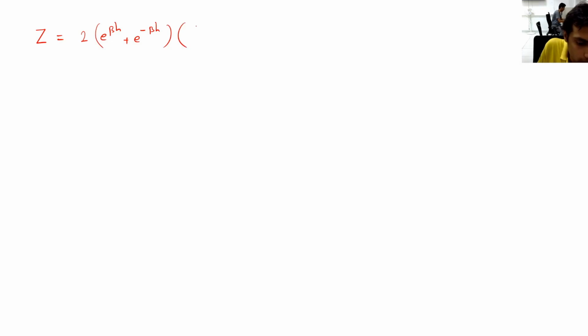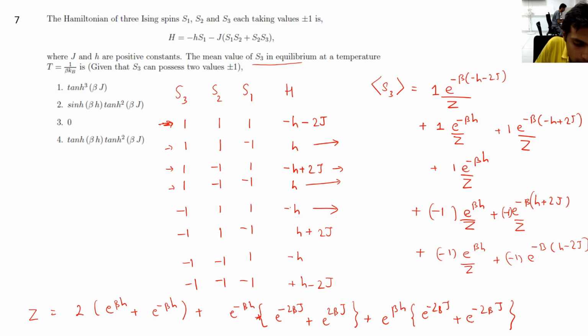We took this common, and we're going to replace this as, so e to the power 2 beta j and e to the power minus 2 beta j as 2 cos hyperbolic beta j. So we are going to replace this cos hyperbolic 2 beta j is equal to e to the power 2 beta j plus e to the power minus 2 beta j.